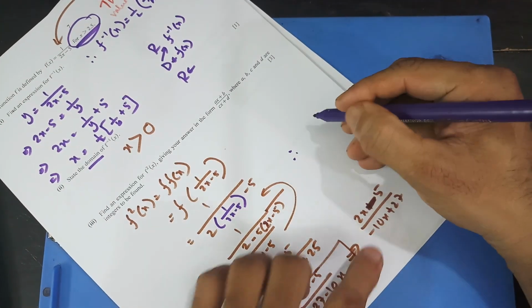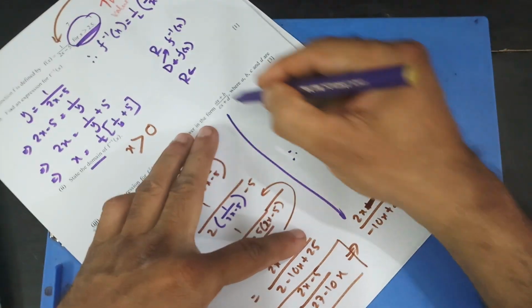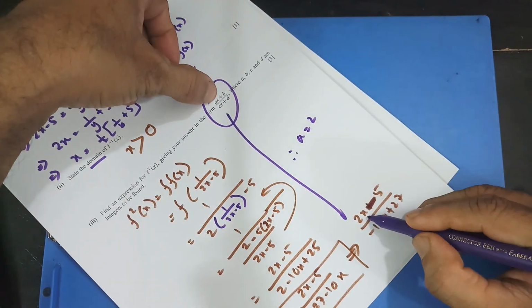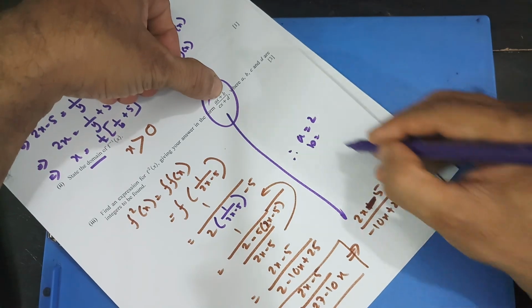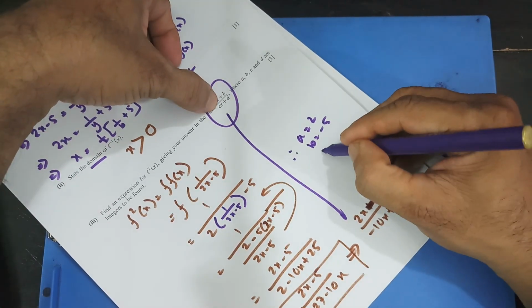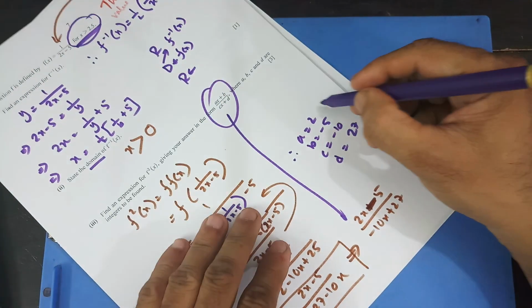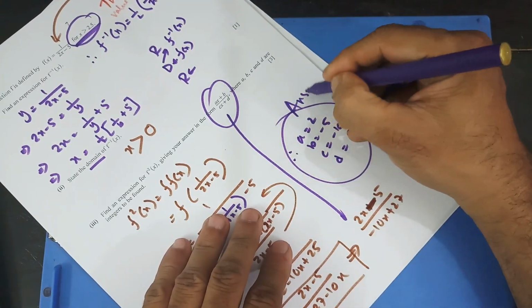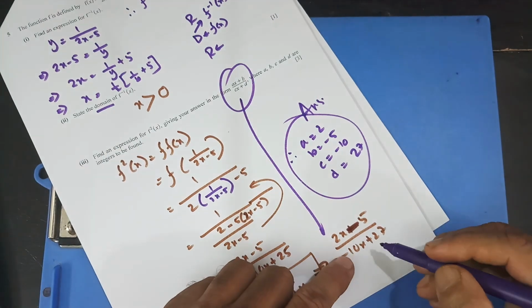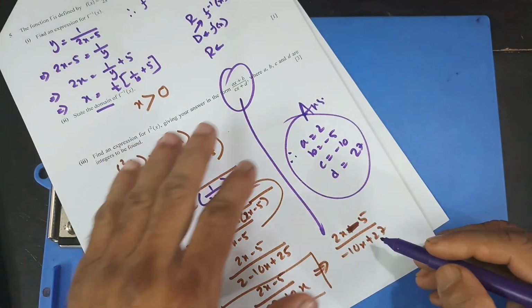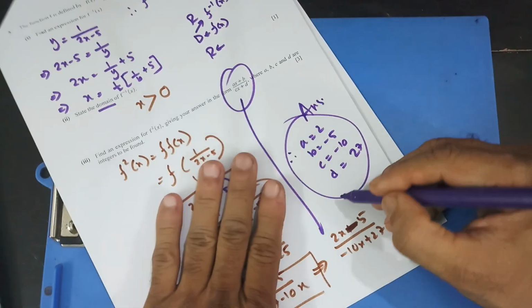Comparing this with this, I have a equal to 2, b equal to minus 5, c equal to minus 10, and d equal to 27. Okay, so that's my answer. They didn't ask to find out the range of values of x, or range of values of y, or domain or range of this, so that should do it.